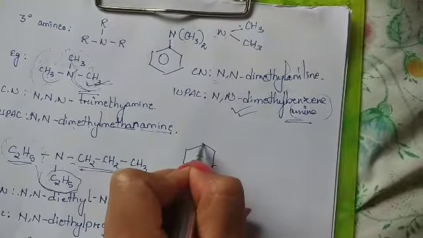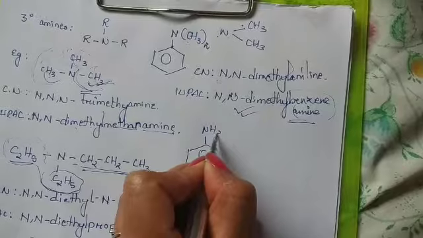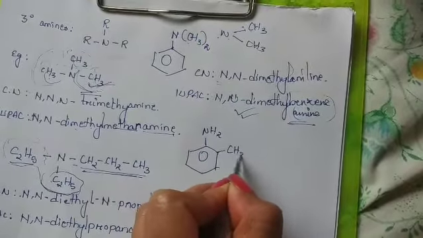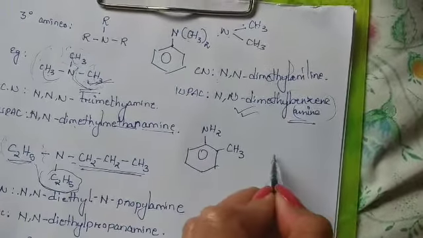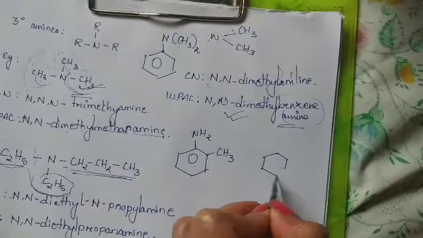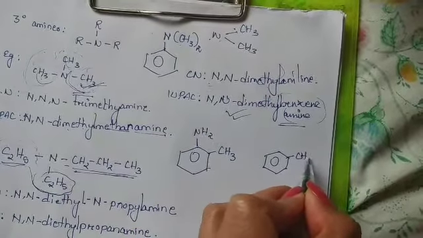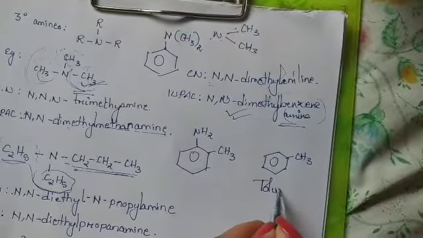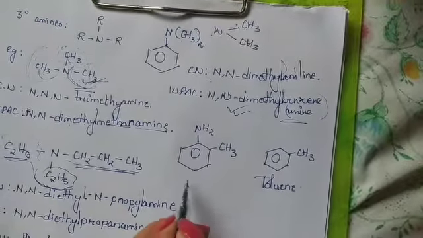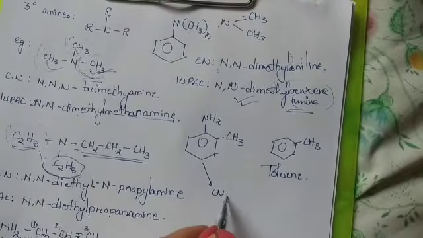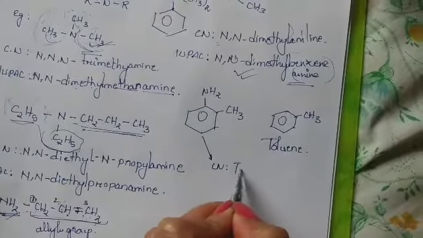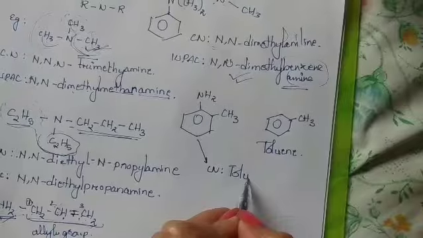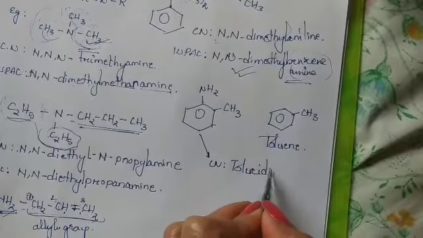Another example we have here, NH2 and CH3. Now this molecule with CH3 is commonly known as toluene. Therefore, the common name for this molecule would be toluidine.